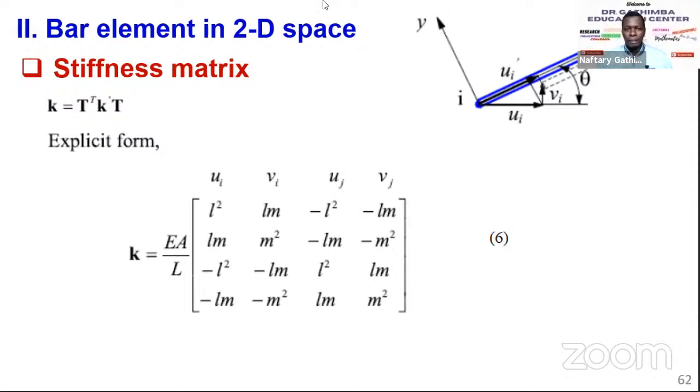The angle theta here is given. You can see it is the inclination of the element from the horizontal global coordinate axis. So this is the stiffness matrix in the global coordinate system for a 2-node bar element oriented in 2D space.